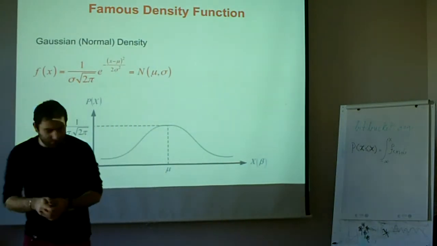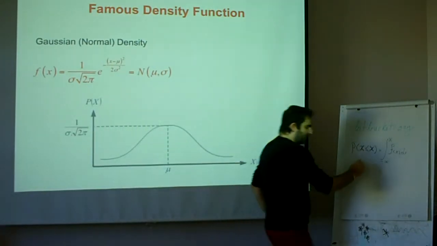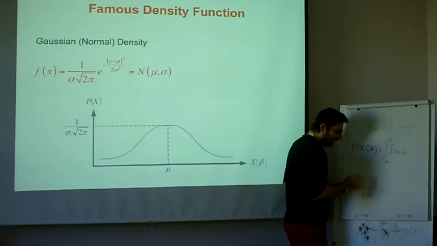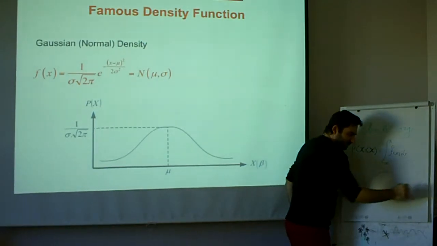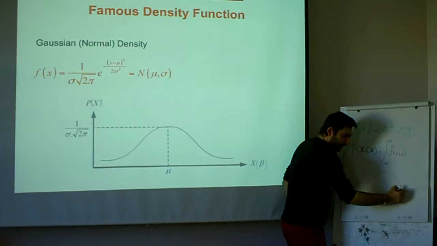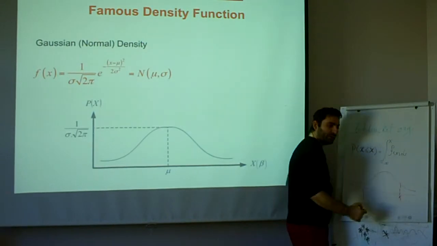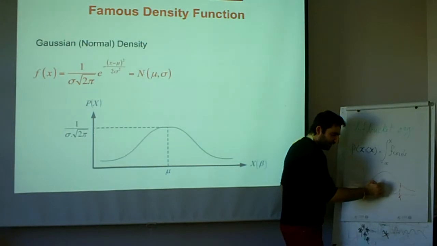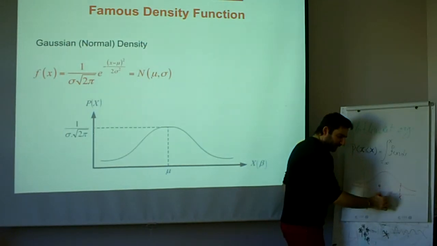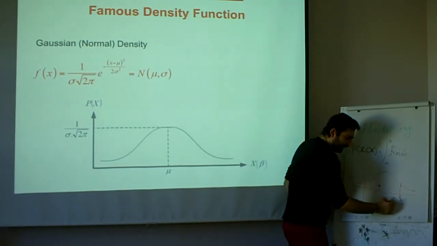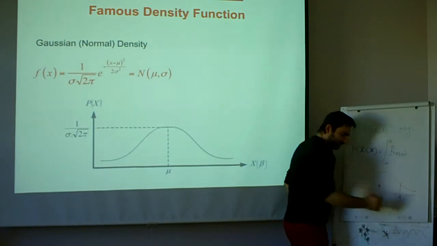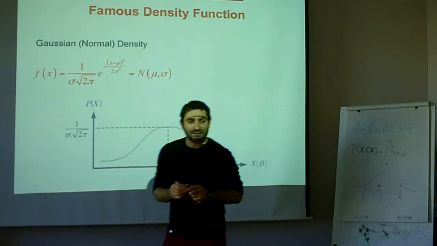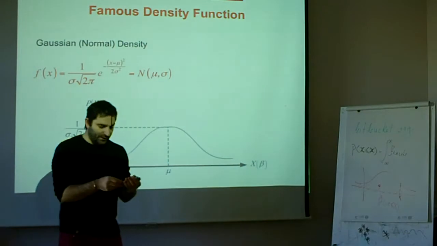This was the way we were defining it. In other words, if this is my distribution and this is the value of x, this area is the probability that capital X is less than x. So this is how we were defining it.